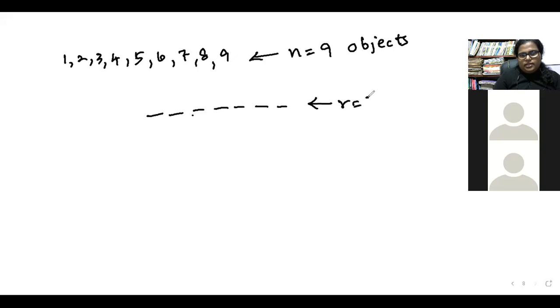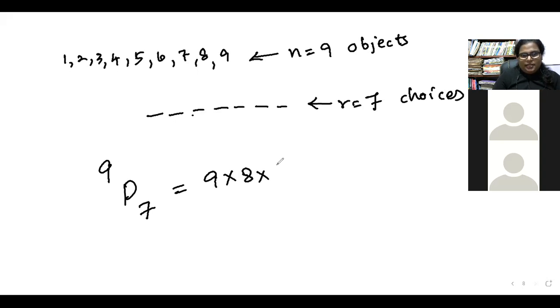R is 7 here, 7 choices or selections, right? So we have to take the arrangements like 9P7. So you can take 9 into 8 into 7 factorial. We can shorten our factorial value here.